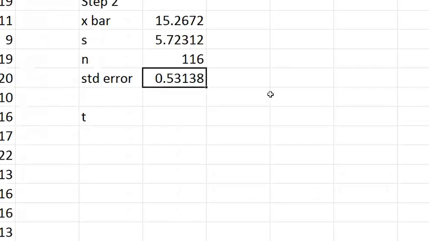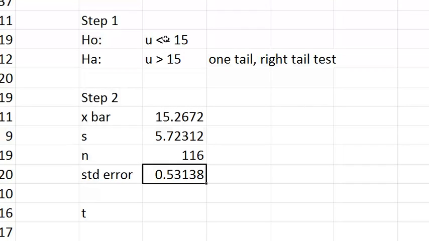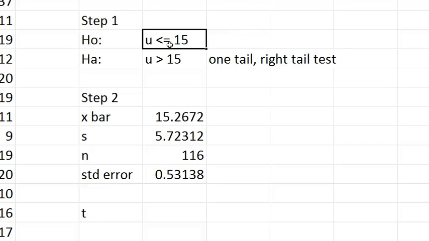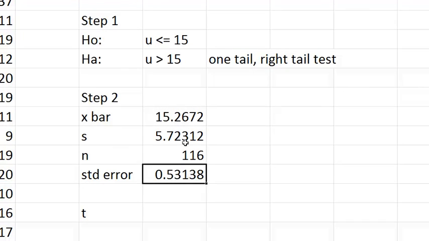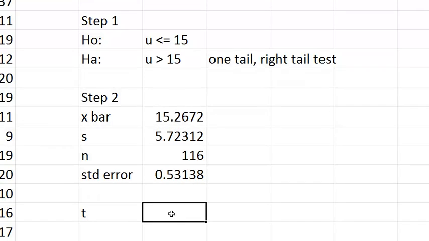All right, so I'm already going to eyeball this and say we're going to assume that the mean is 15. And 15.26, I can already see this is not even one standard deviation away, right? That's what we have to find out next, because our standard error is a little over a half, and we're not even a half away from 15. So I can tell already that we probably will not have enough evidence to reject the null hypothesis. But let's keep working through it.